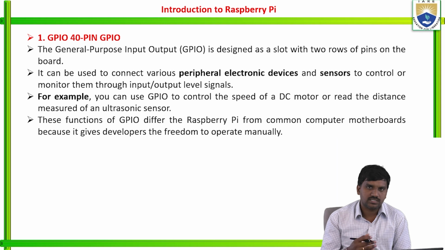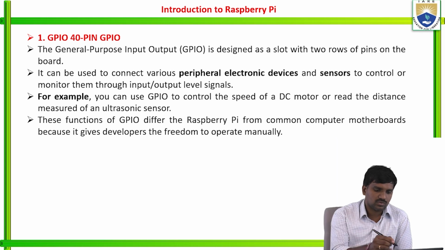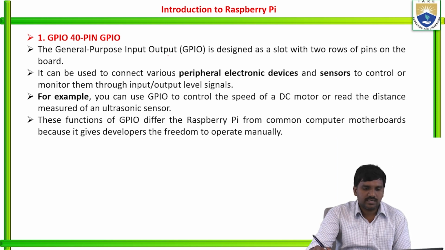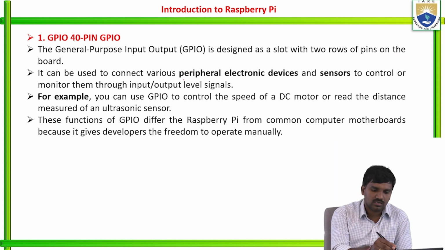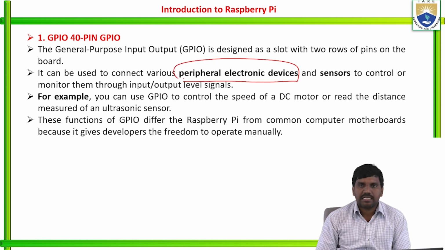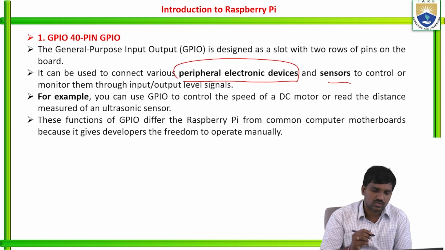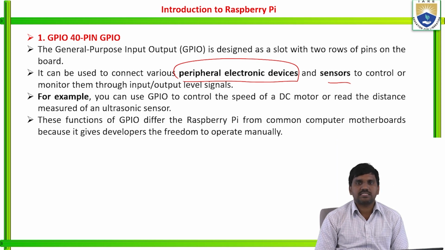Next, let's see one by one. The general 40 pin input output: what are the specifications of those pins? The general purpose input output is designed as a slot with two rows of pins on the board. It can be used to connect to various devices, such as peripheral electronic devices and sensors, to control or monitor the input output levels of the signals. These are the main functions of general purpose input output pins.